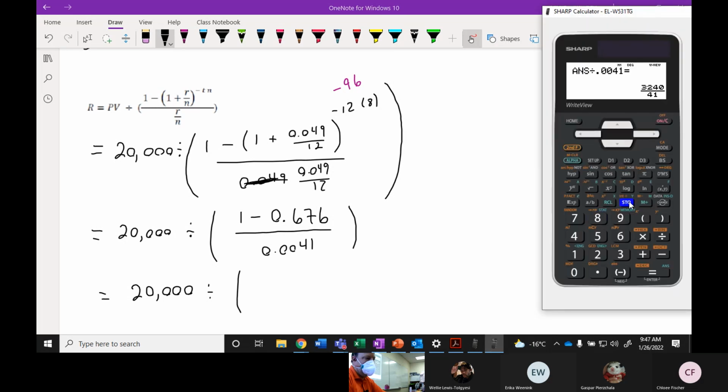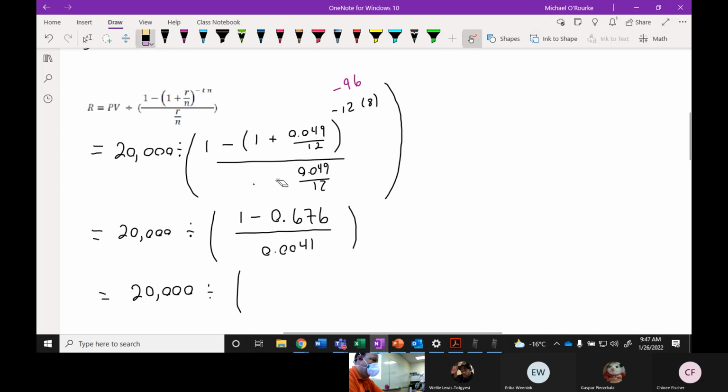So the one above is the same, so why don't you just put 0.049 there? Why can't the negative 1 plus 1 just cancel out? Doesn't work. Okay, there's two 0.049s, right? Correct.